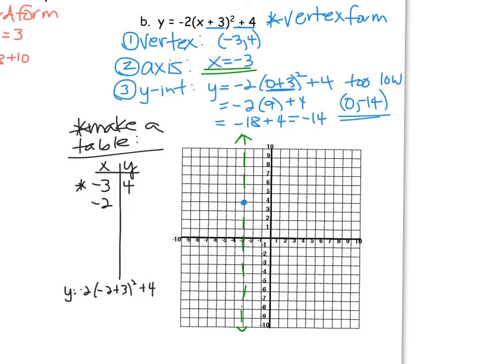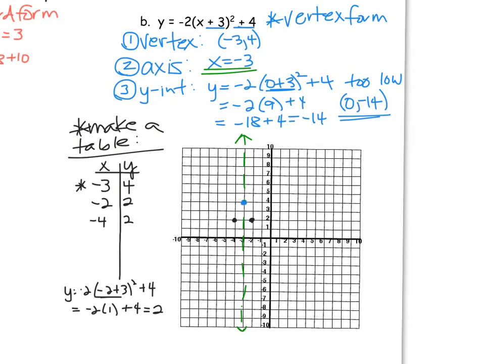And again, just simplify order of operations. -2 plus 3 is 1, and 1 squared is 1. So if I do -2 times 1, that's -2. Plus 4 would be +2. Now that's a point we can plot on the graph. Go to -2, +2. And then if I reflect that to the other side, -4, +2 is another point. So we got that one kind of as a freebie.